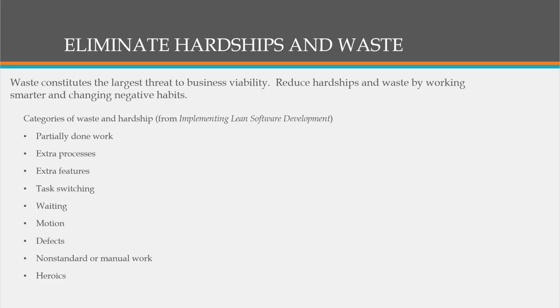And if you can automate those processes and identify ways to be more productive, then that works out better. Some of these others are, I think, self-explanatory. For example, partially done work. I don't think any customer likes getting a product that isn't complete. Task switching decreases productivity. So these are just examples. There are probably many others that we can look at.